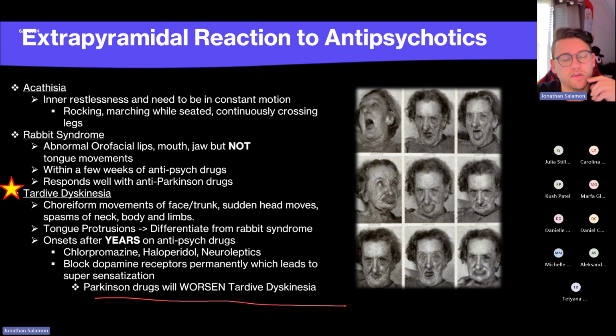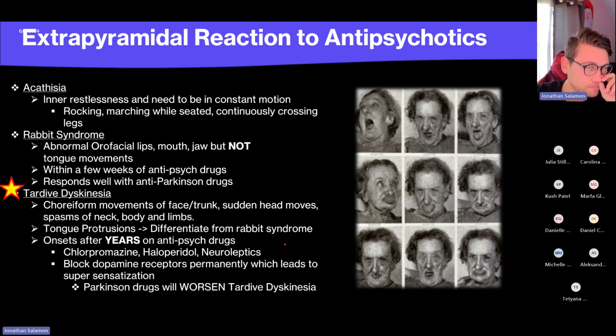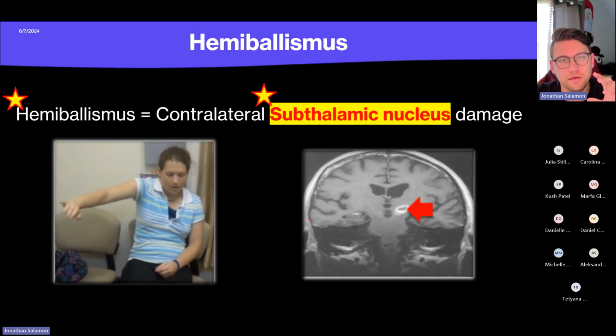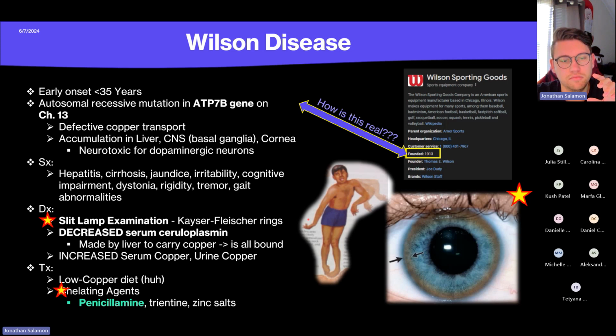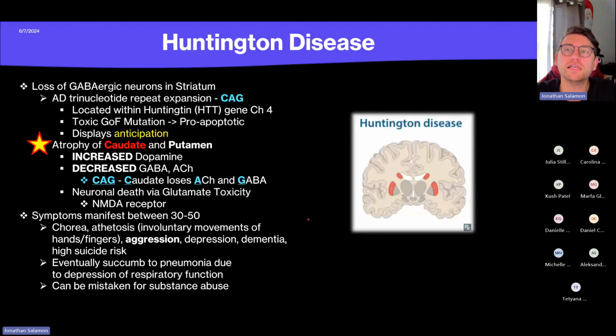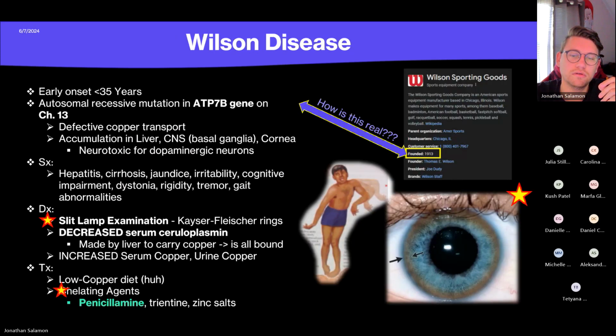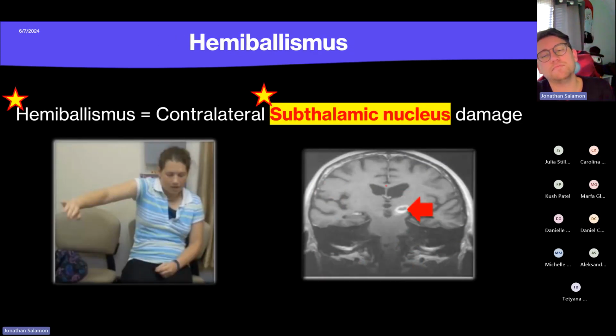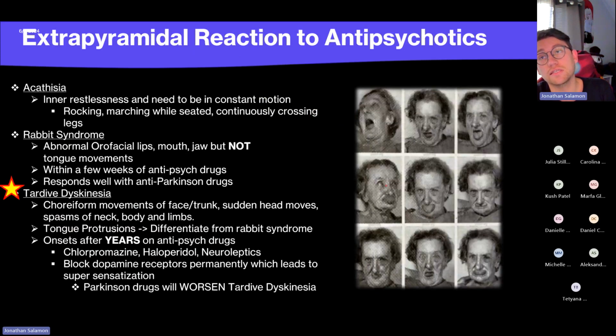Also, if you give Parkinson drugs, it actually worsens it. Because, so, I don't know if I had this. I meant to put this in here in one of these. So like Huntington's, for example, you're losing cells, right? Maybe this is a bad example. I guess not Huntington's, but Parkinson's.